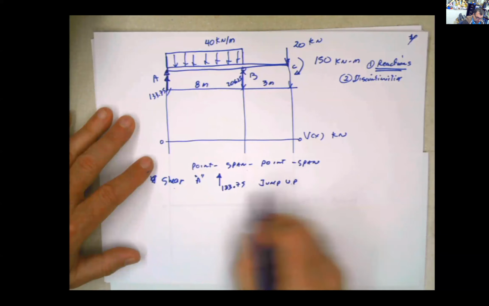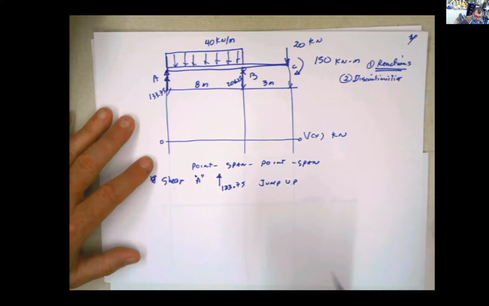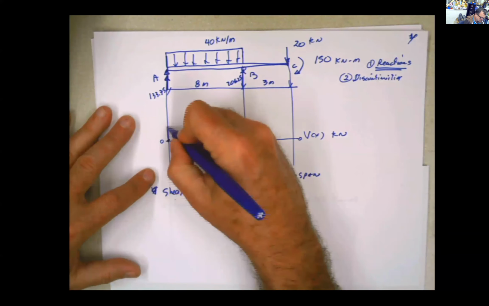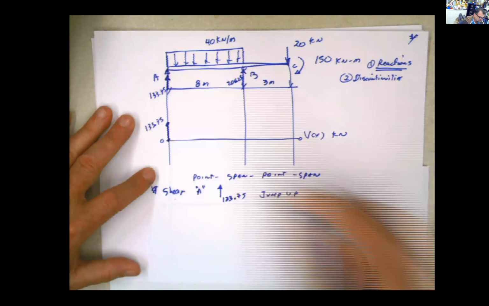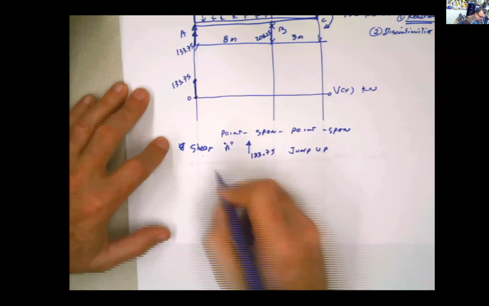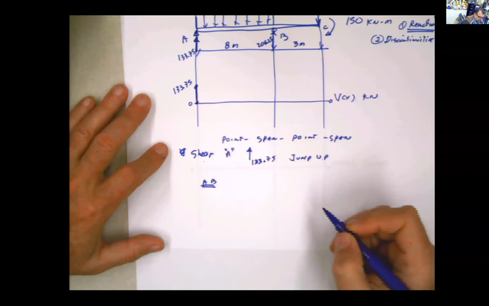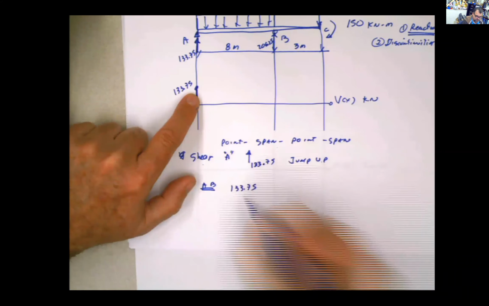And I want you to do this when you solve it for me, okay? Because it's the only way that I'm gonna know if you really worked it out. So it's gonna jump up, meaning from this point, it's gonna jump up and it's gonna go 133.75. Now, after that, we go to the span AB. The span AB starts with 133.75 with the shear.